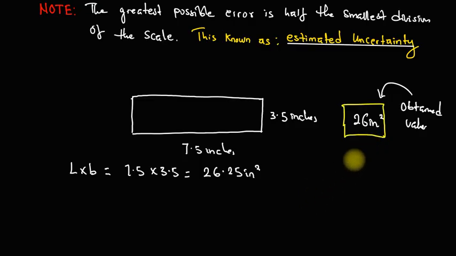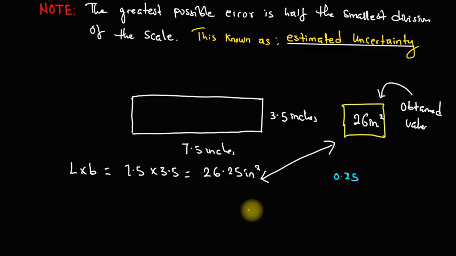What is the absolute error here? We have to subtract it from the actual value, and that's going to give us 0.25 as our absolute error.